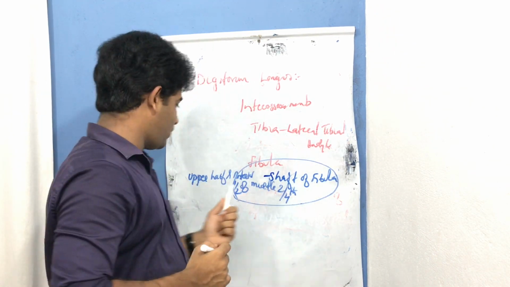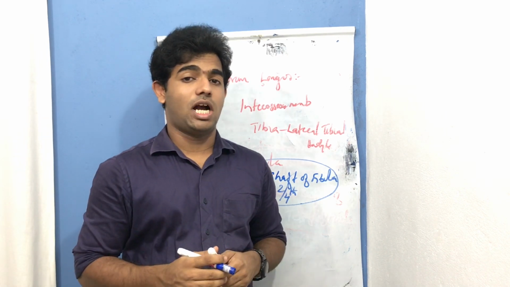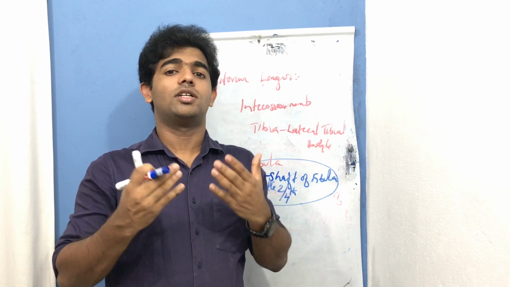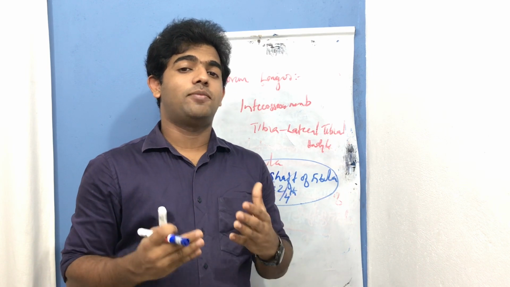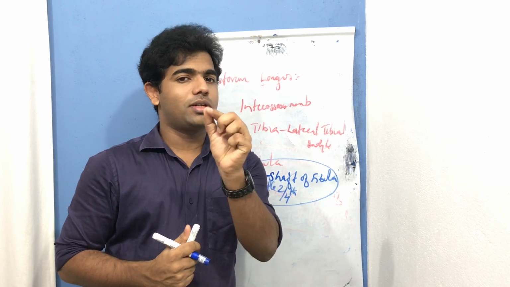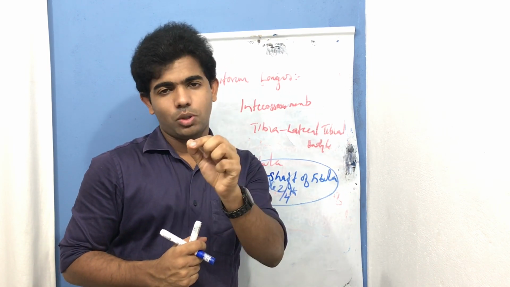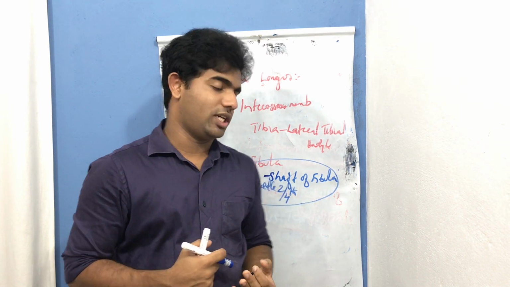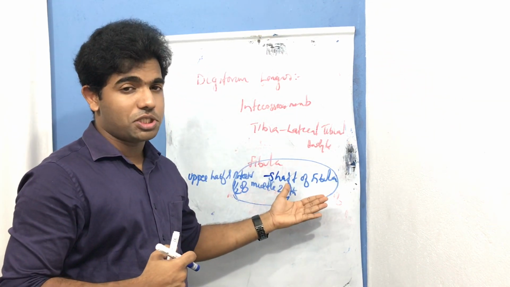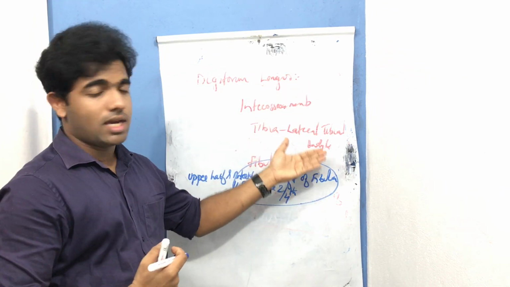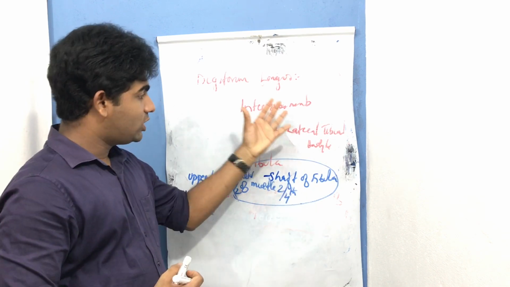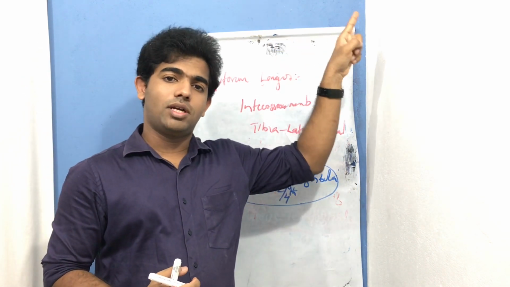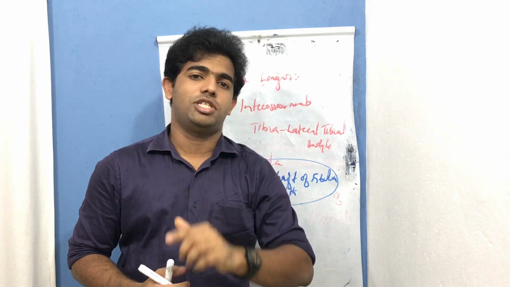You need not remember all this. Just remember the middle 2/4 of the shaft of the fibula, or if you can, upper half and anterior half of the middle 2/3 of the shaft of the fibula. Other things we can correlate and study: it has an origin from the interosseous membrane, from the tibia, and from the fibula. The origin from the tibia is the same as the lateral tibial condyle for the tibialis anterior muscle.